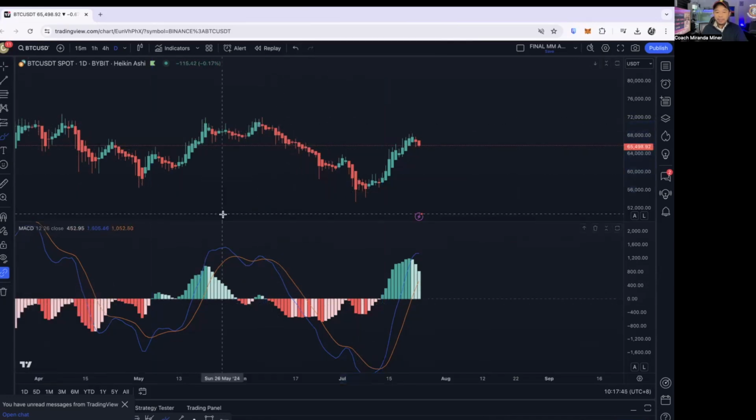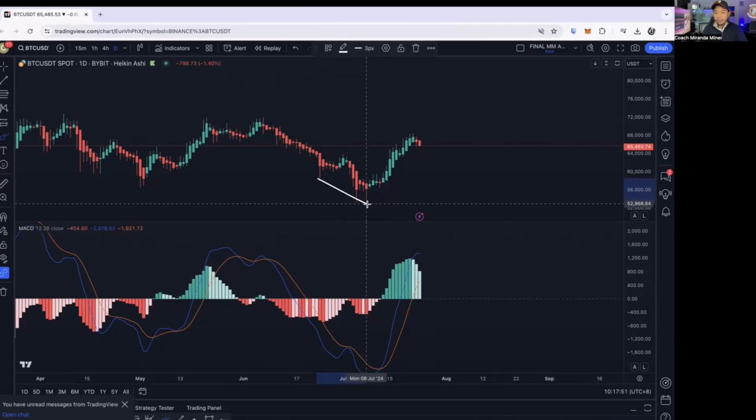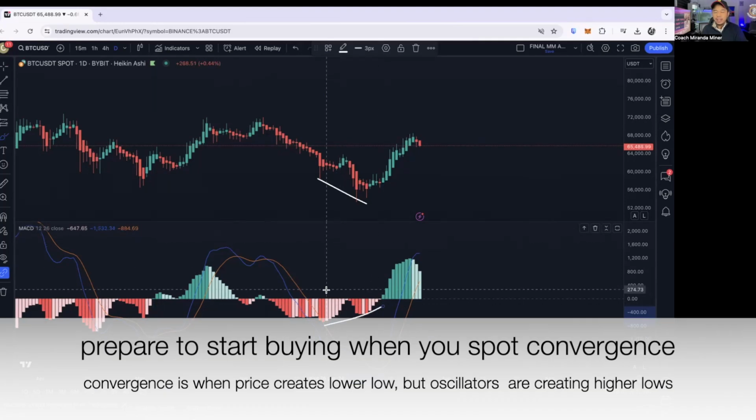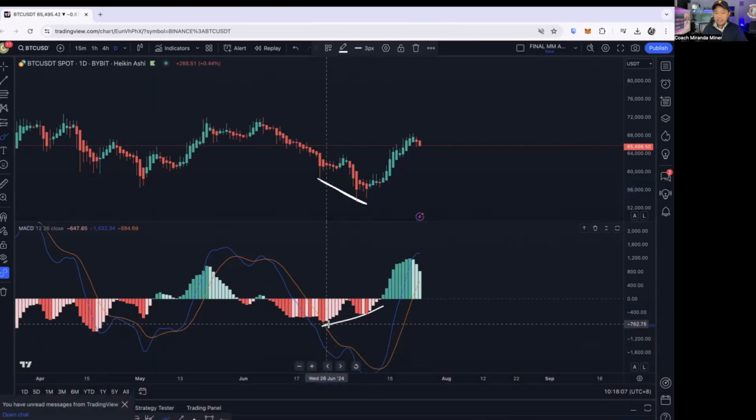At the same time, you're going to notice that you have a price that's actually creating a lower low, but your moving average histogram is creating a different direction. That's why it's called convergence, meaning the price is converging towards the oscillator. So this is obviously what you call a convergence.